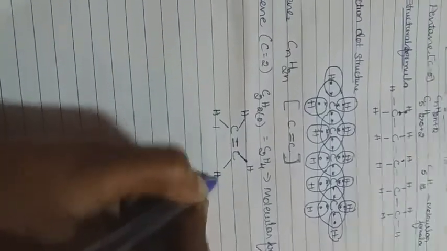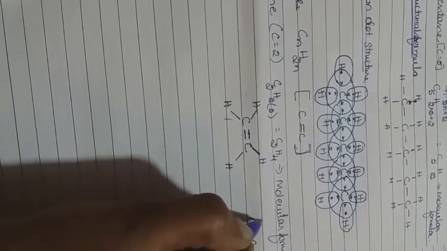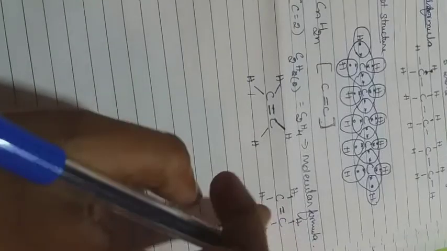This is an H and this is an H. Or else we can write as usual, that is also common. Already 2 are there, remaining 2, and here already 2 are there, remaining 2. So we can write H H like that also, which is easy. It is not compulsory to write like that only. So this is the structural formula.